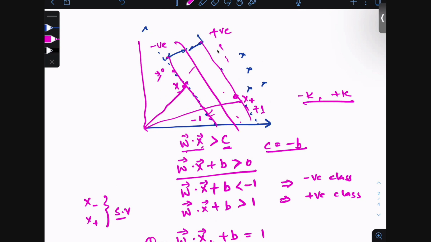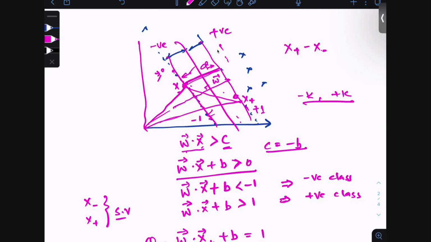And this is my w vector, which is perpendicular. Now to calculate this particular width, what I need to do is x positive minus x negative vector. I will subtract these vectors and then take a projection on the perpendicular line, right? Then I will get this distance d, whatever that distance d is. Correct or not, right?